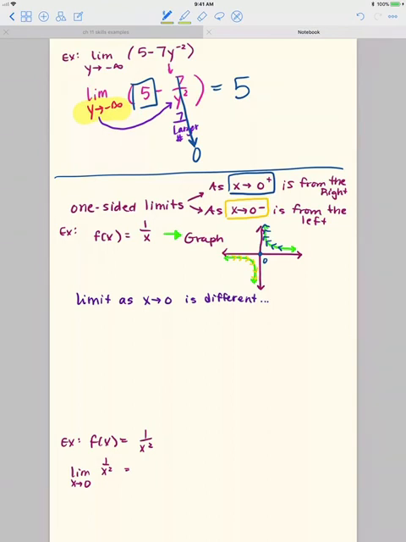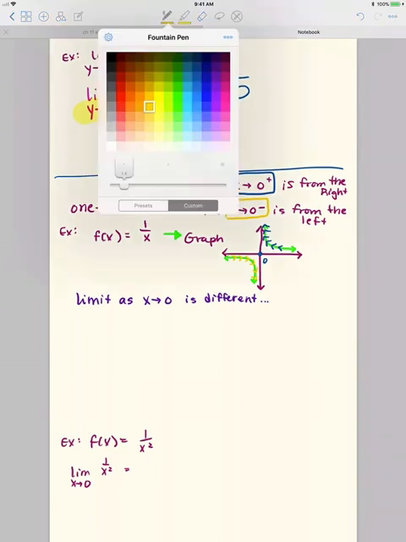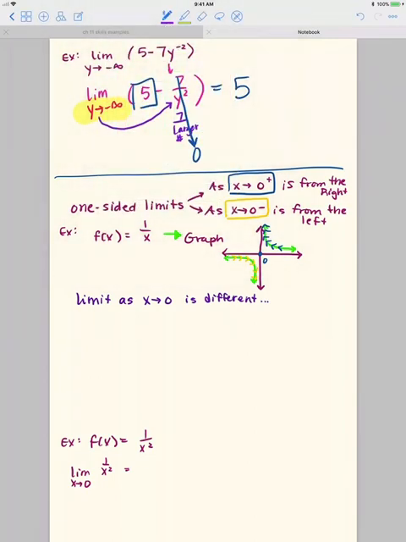So if we take the function 1 over x, for example, and we want to look at what the limit does as x goes to 0. Well, if you approach 0 on this graph, you can see that the graph goes in different directions. But if we break apart and look at the limit as x goes to 0 from the right of 1 over x, that's where we see, as x gets closer and closer to 0, the function values go up to positive infinity.